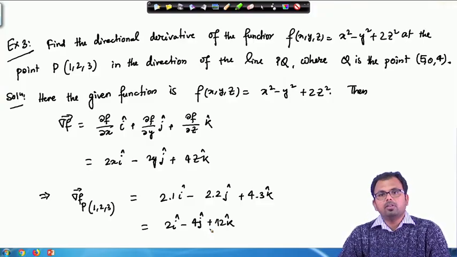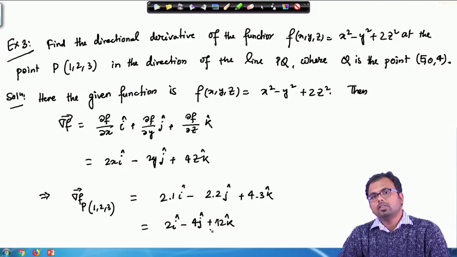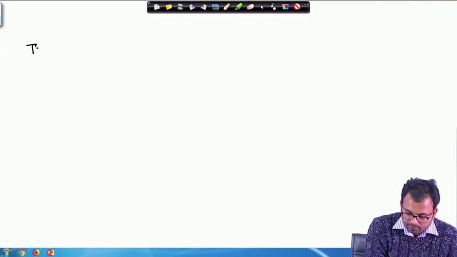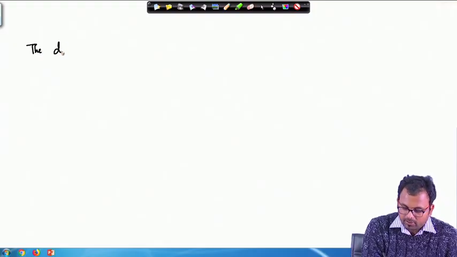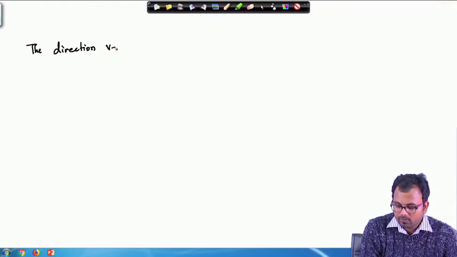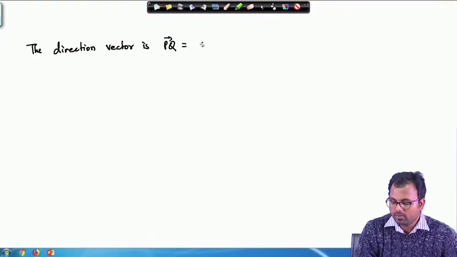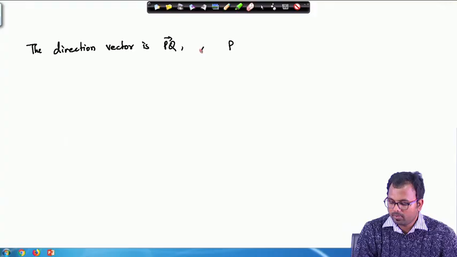Now, we have to calculate the directional derivative along the direction of p to q. So, the direction vector is p to q. Let me write this in a clear manner.